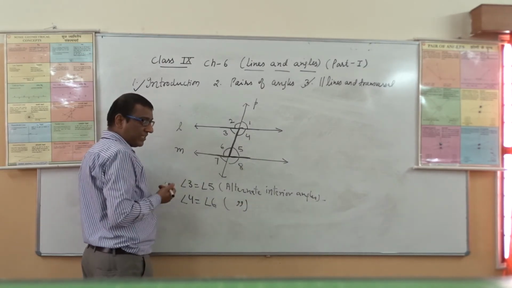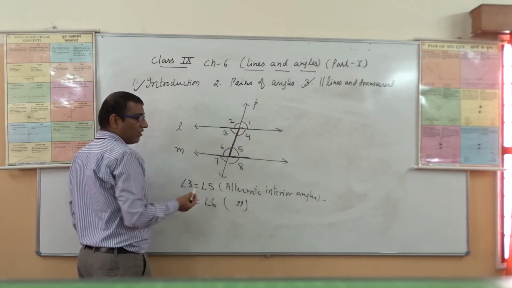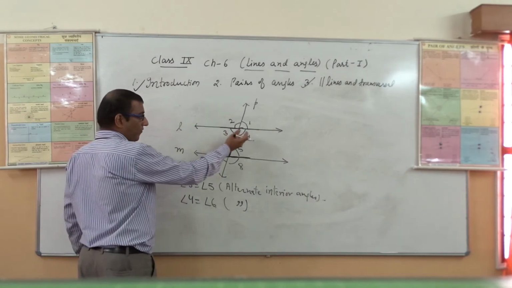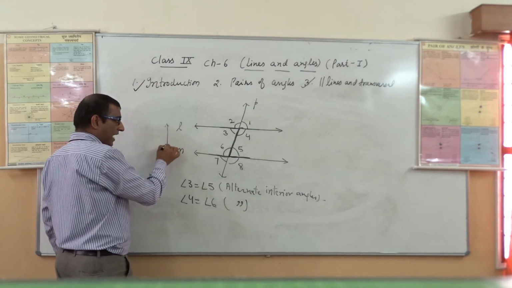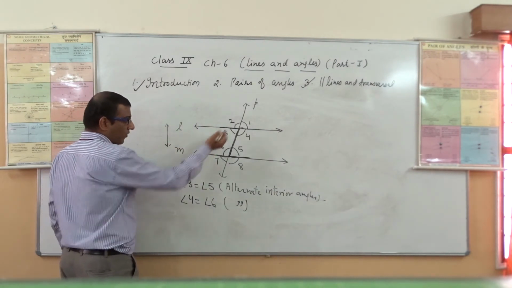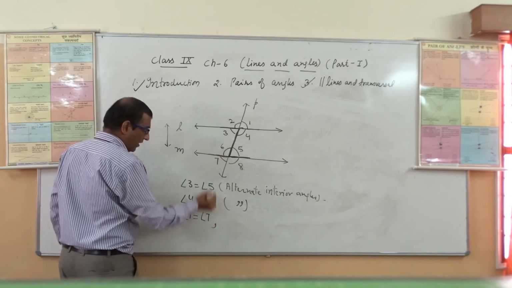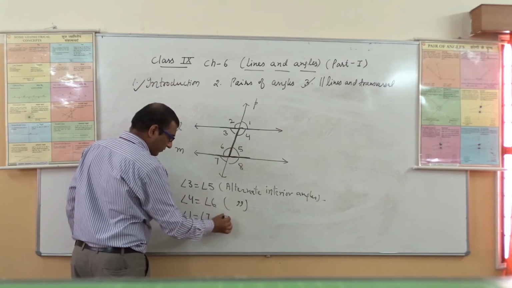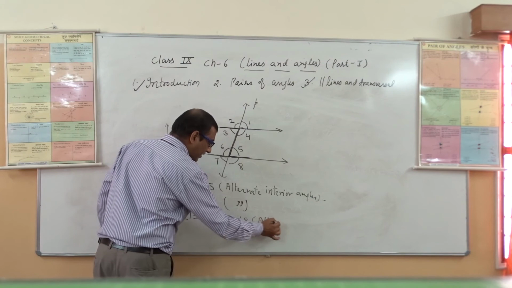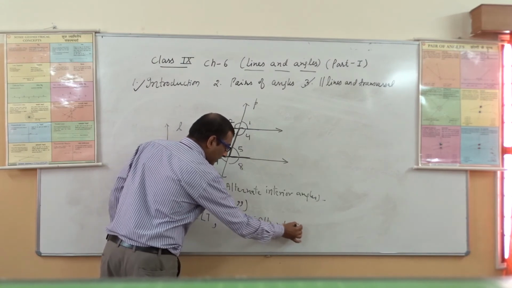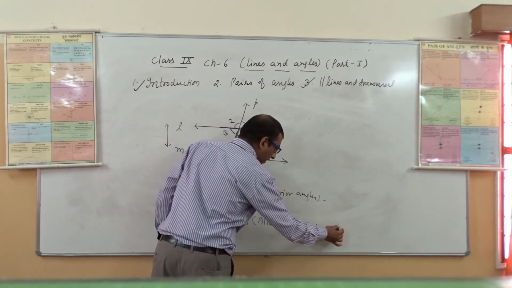So what about the exterior? As you know very well, 1, 2, 7 and 8 are all exterior angles. 3, 4, 6 and 5 are interior angles because they lie between the lines L and M. So angle 1 and angle 7, or angle 2 and angle 8, are also equal, but this time the relation is alternate exterior angles.